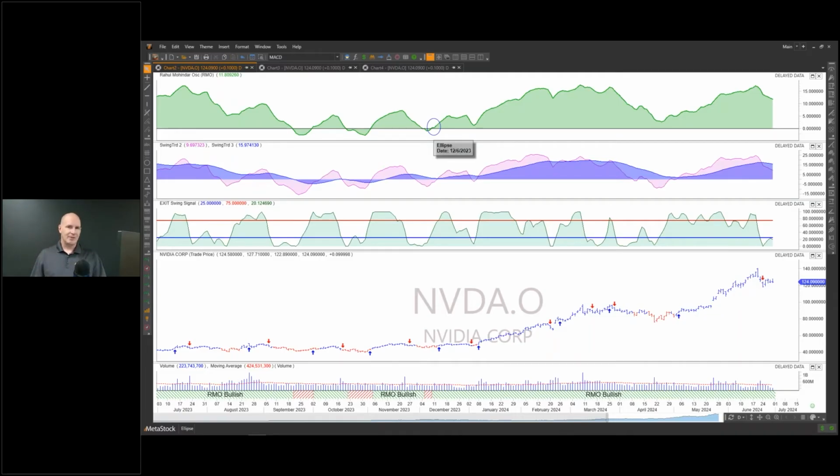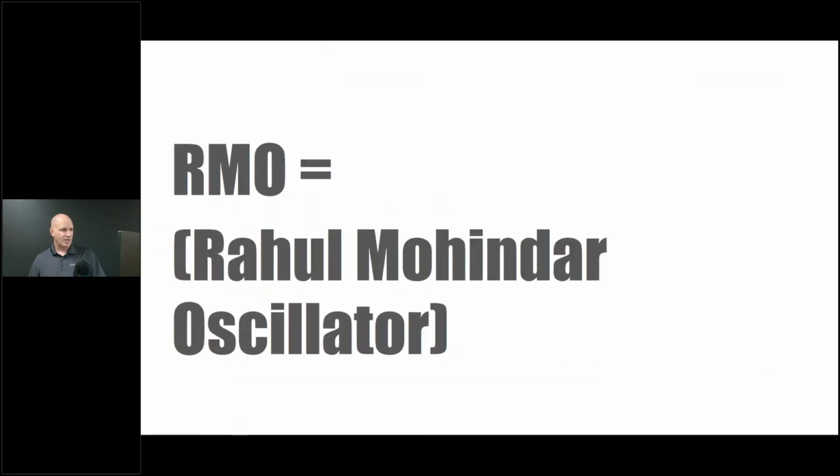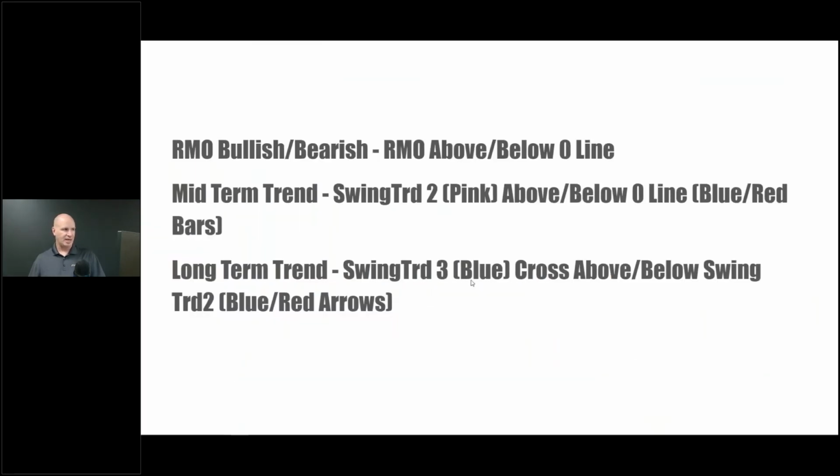The next thing I would look for is midterm trend. Now we talked about midterm trend and how it fits into the picture. So how is midterm trend represented here? Well, this midterm trend is identified by this indicator called swing trade 2. It's this light pink indicator, okay? And what we're looking for here is, if I come over here, I actually have some rules that we're going to look at as we go through it here.